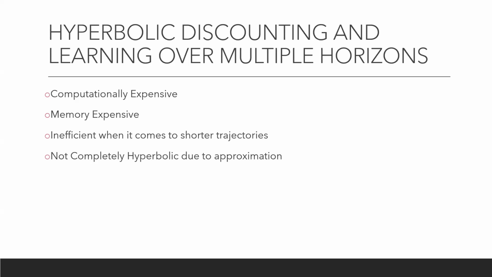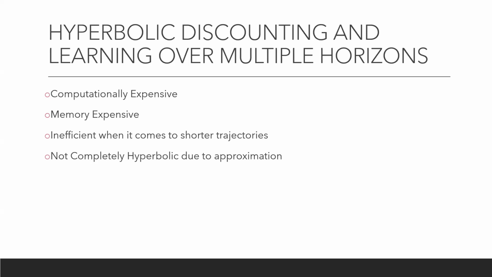It's also memory expensive, because we need to store not just the current episode, since the next episode's value depends on the current episode, which is already updated from the agent's perspective, and we need to store the n Q values. It's also inefficient, because for shorter trajectories it's the same as the exponential Q, since exponential and hyperbolic are the same in the beginning.